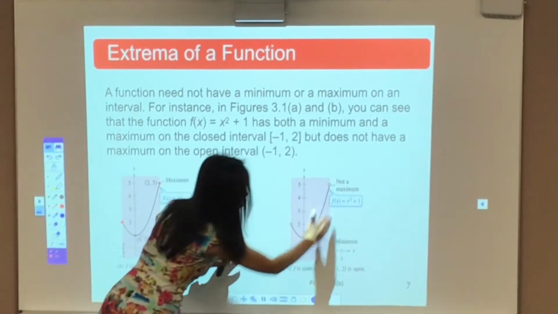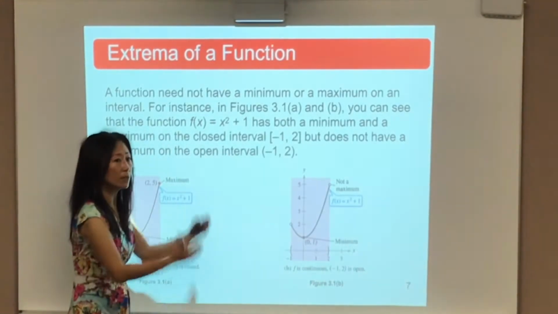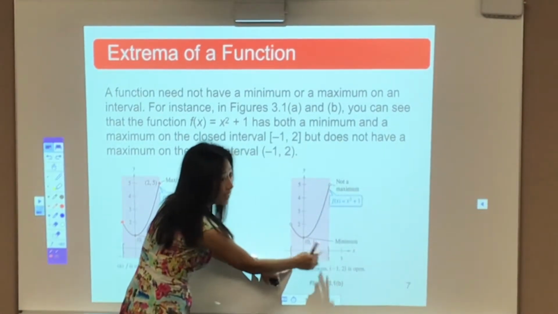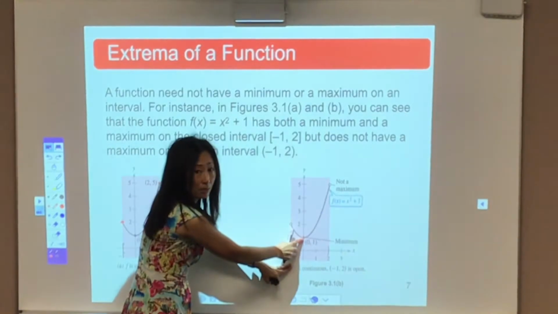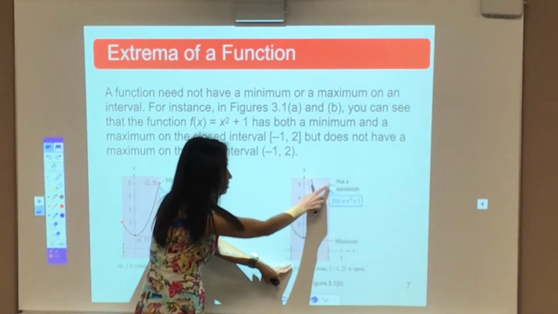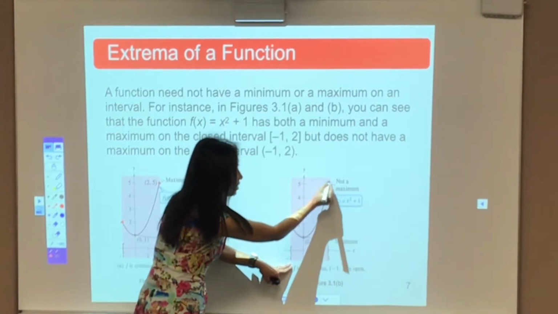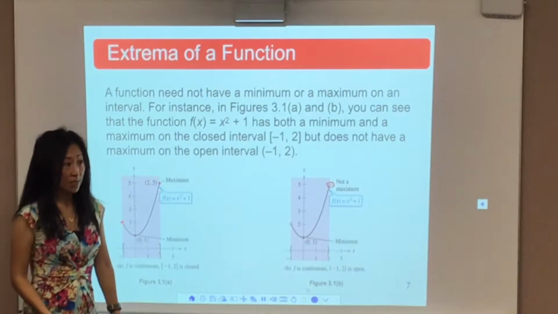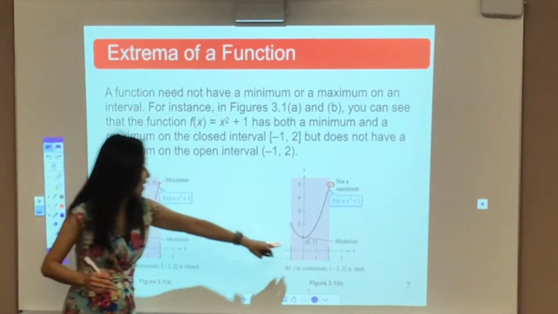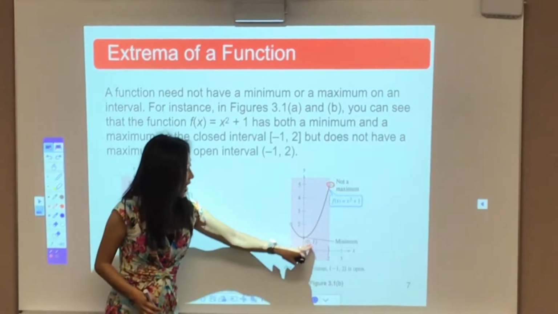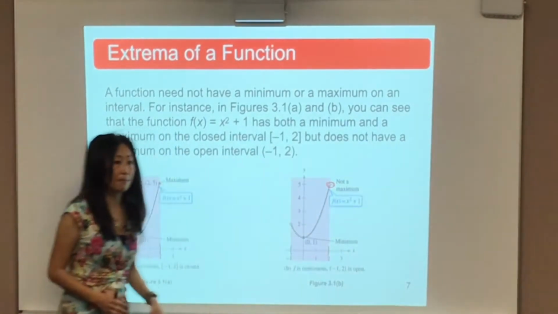Now let's look at the open interval. It's the same problem. The interval is -1 to 2. I have a minimum. Does everybody see that? But do I have a maximum? No. Why? There is a maximum right there, but this y value is not included. Are you with me? Because it's open. So in this case, this graph on an open interval, you have a minimum, but you don't have a maximum.